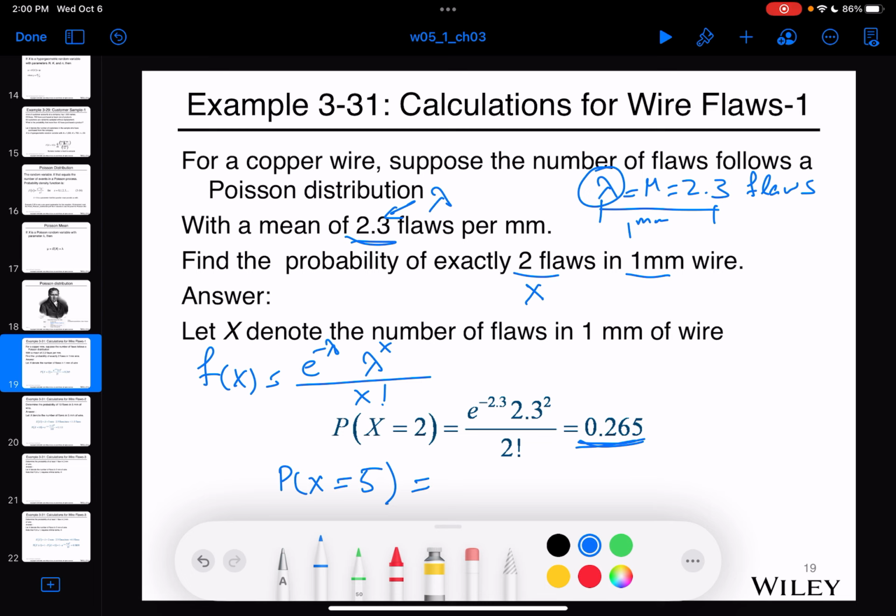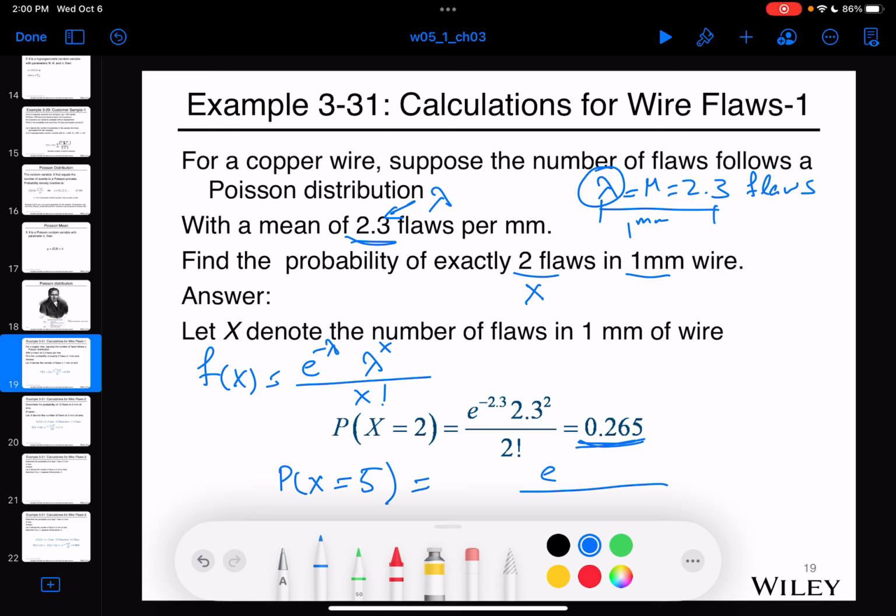So having 5 flaws, we can actually calculate it, right? I'm actually curious because I will show you the distribution of the Poisson. The mean is not necessarily the highest number, right? That's the tricky part. But let's calculate it, right? But I think that for 5, the probability is less than this number.